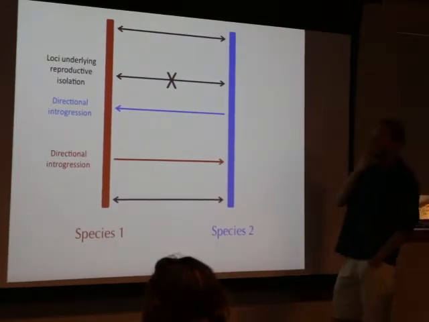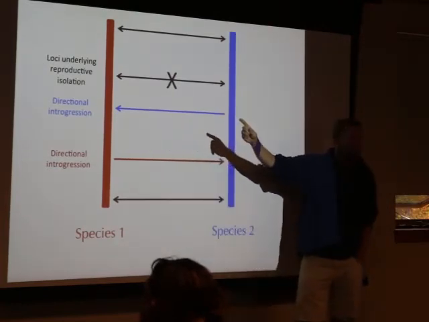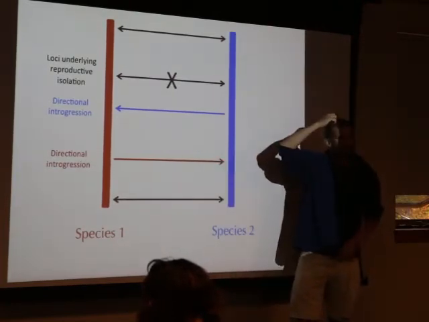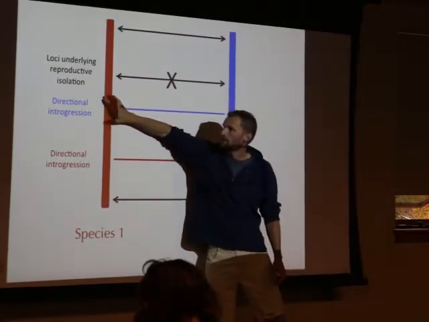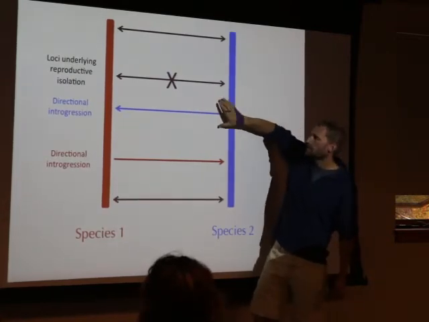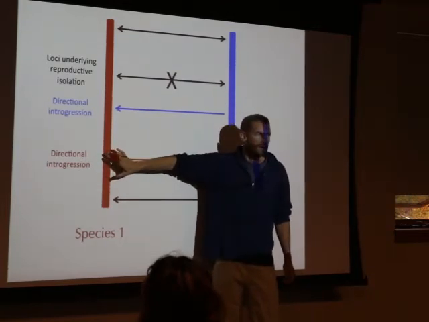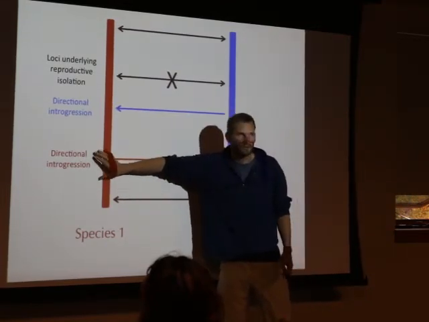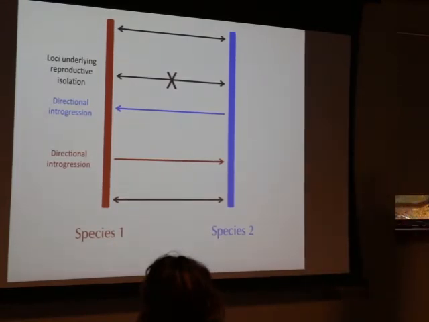Then you can also imagine areas of introgression, as I say, that can be in one direction or another. So for instance, alleles from this species might preferentially, through this hybridization and backcrossing process, move into this species. You may even at the same time have another part of the genome where alleles from this species tend to move into that species. So across the genome, you can have these different sorts of processes.